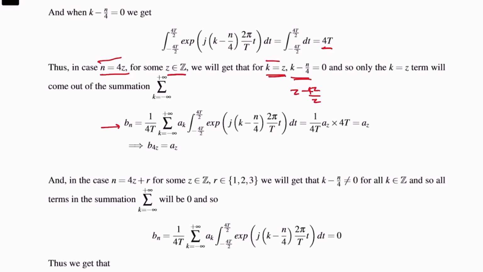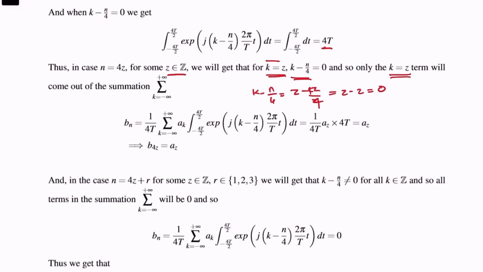So that is z minus 4z by 4, which is equal to z minus z, which is equal to 0. So k minus n by 4 is equal to 0, right? So it is only in the case that n is equal to 4z, where n is the index of b sub n, that the summation term is going to be nonzero. In this case, only the k equal to z term will come out of the summation.